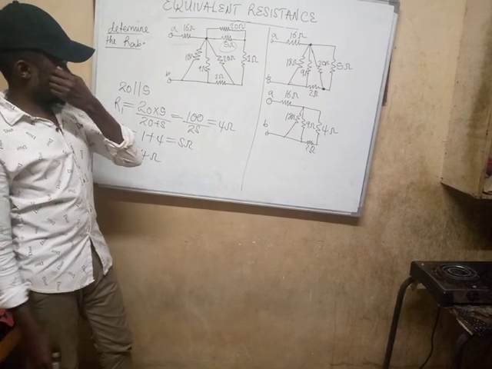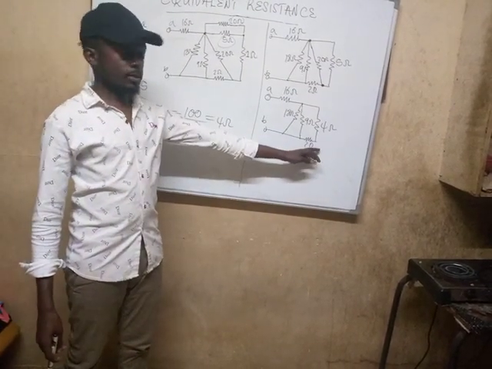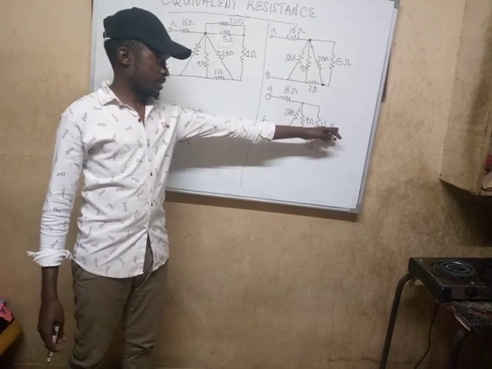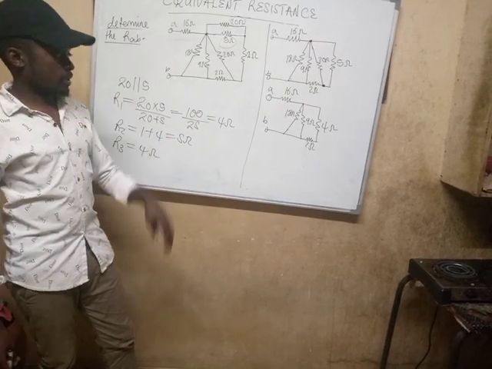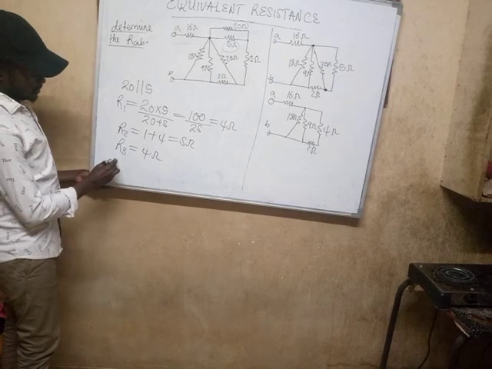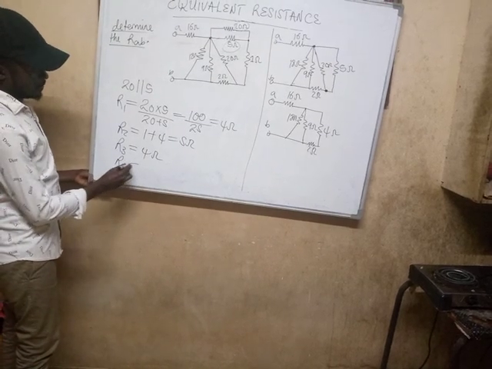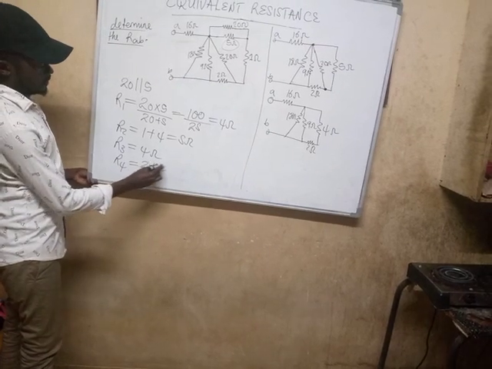So if this is 4, so again the 2 ohm resistor is in series with the 4 ohm resistor. So we can add those two resistors. According to the series arrangement method, our R4 is equal to 2 plus 4.